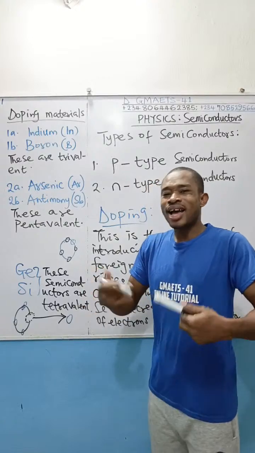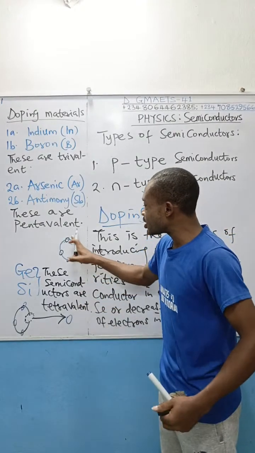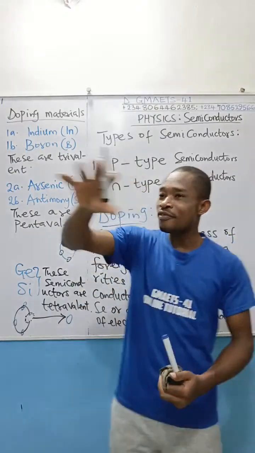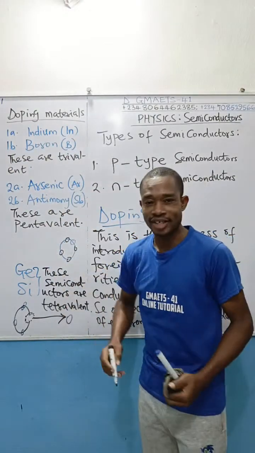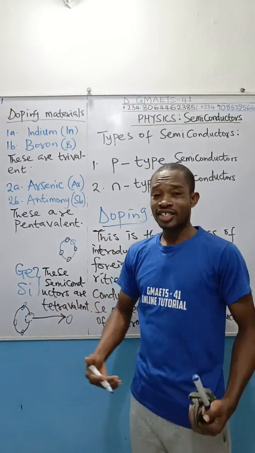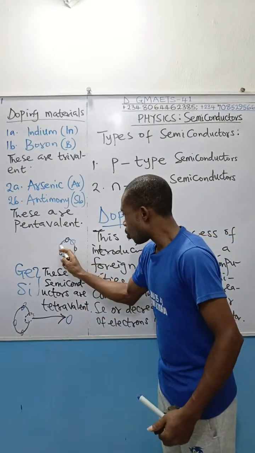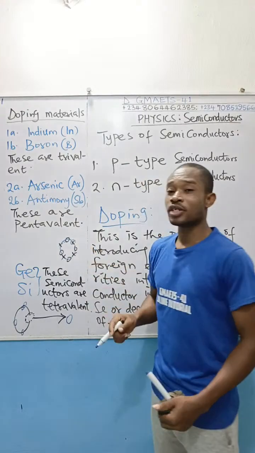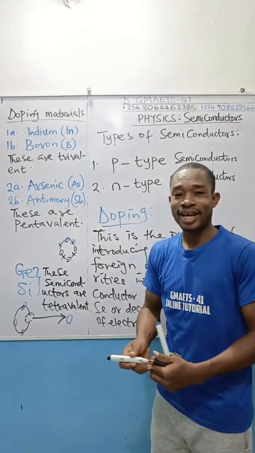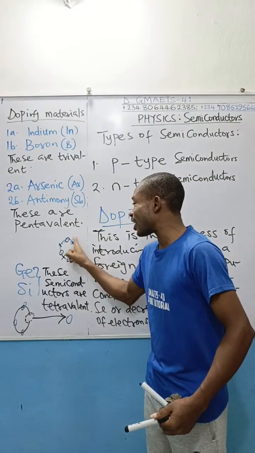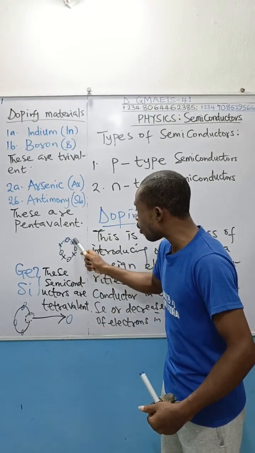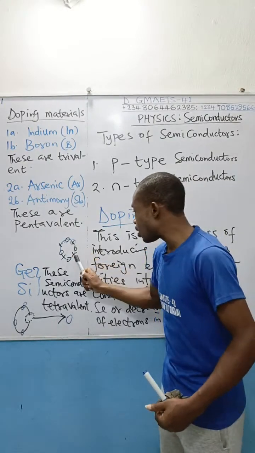With this atom having 4 valence electrons, it still has 4 more spaces to be completed to attain the octet structure: 1, 2, 3, and maybe this 4th space. But something has entered that 4th space, so it is no longer vacant. So you now notice you have 1, 2, 3, 4, 5 electrons. And then how many holes?